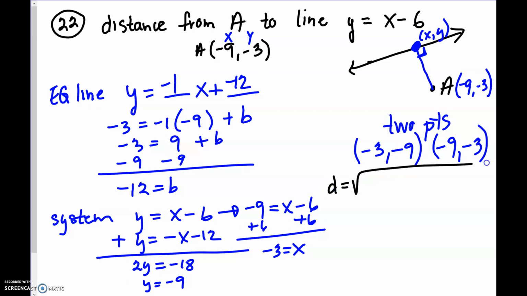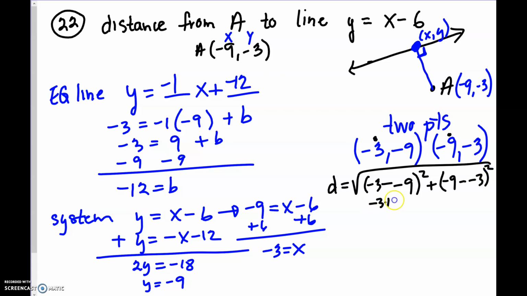So I'm going to use my distance formula. And remember, I take my two x values. So negative 3 minus a negative 9 quantity squared. Plus, and I'm going to take my y values, so negative 9 minus a negative 3 quantity squared. So what's this?